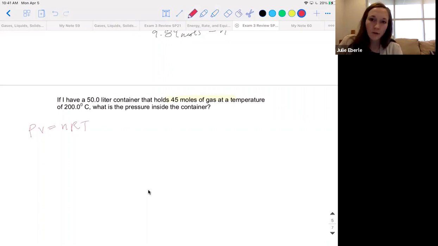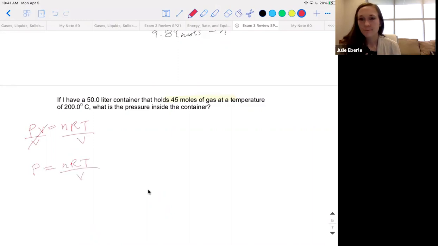But this time we're solving for pressure. So how do we rearrange our equation? Yep, divide by V. So V cancels, and you get P equals nRT over V.